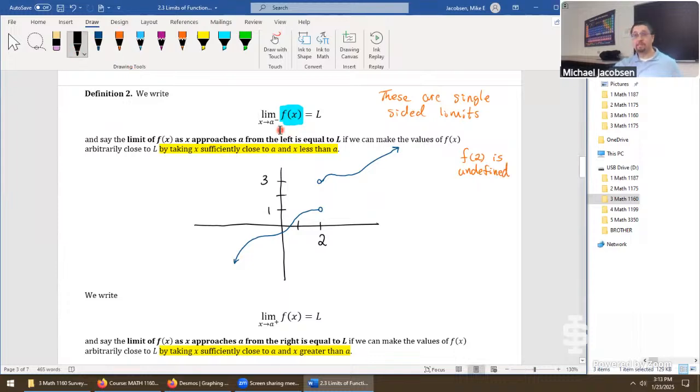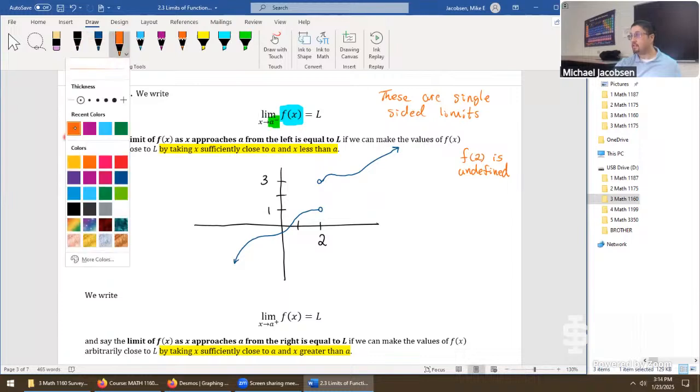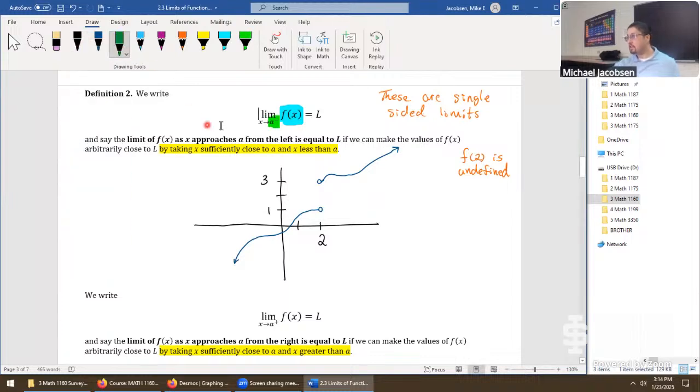Let's start with this limit here, taking the limit as x tends towards a, coming in from the left. The a value again is this 2 we see right here. And the first limit to calculate is, let's take a look at limit as x approaches 2 from the left of f of x.